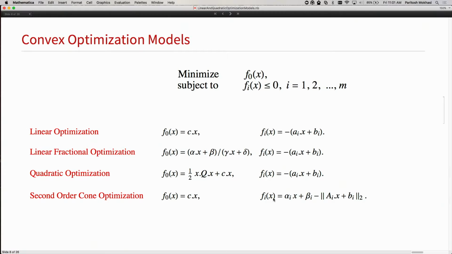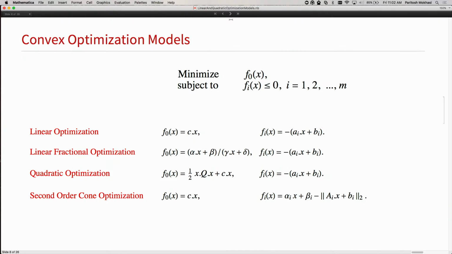If your objective function has this quadratic form, where Q is a matrix, then it becomes a quadratic optimization problem. And if your objective function is linear, but your constraints have this norm in them, then that's the second order cone optimization.